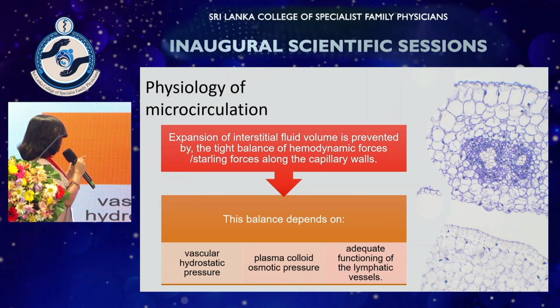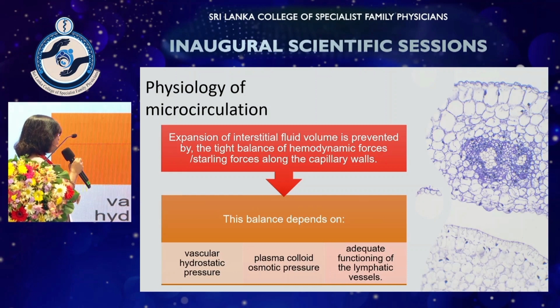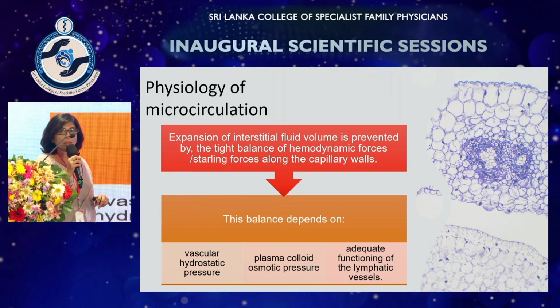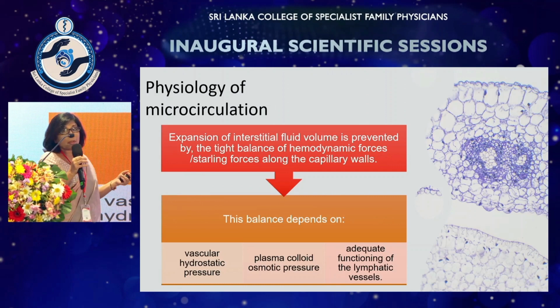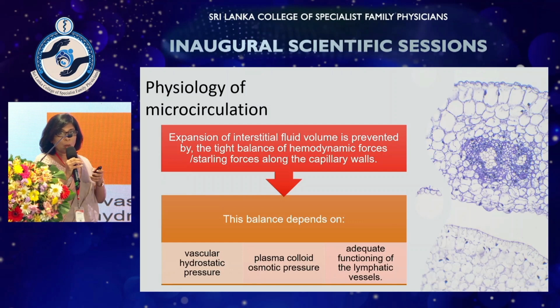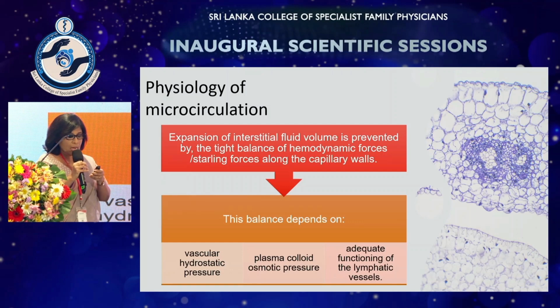This depends on three factors. First is vascular hydrostatic pressure, second is plasma colloid osmotic pressure, as well as adequate function of the lymphatic vessels. All three things are important to keep the interstitial fluid normal without any expansion.